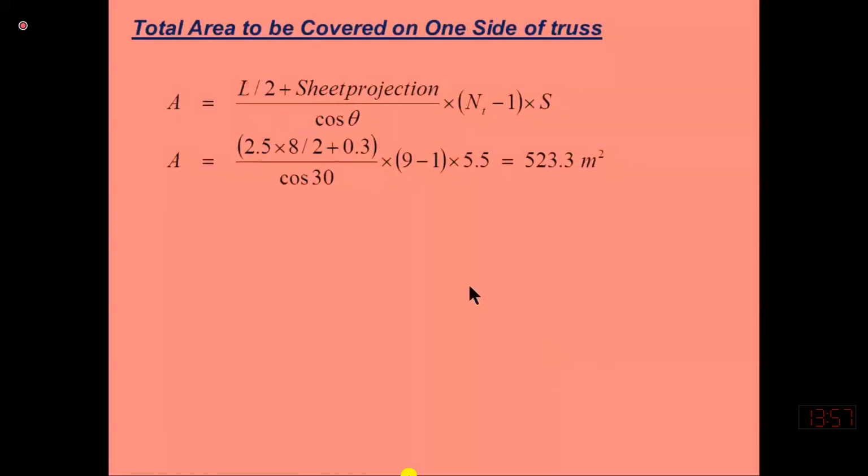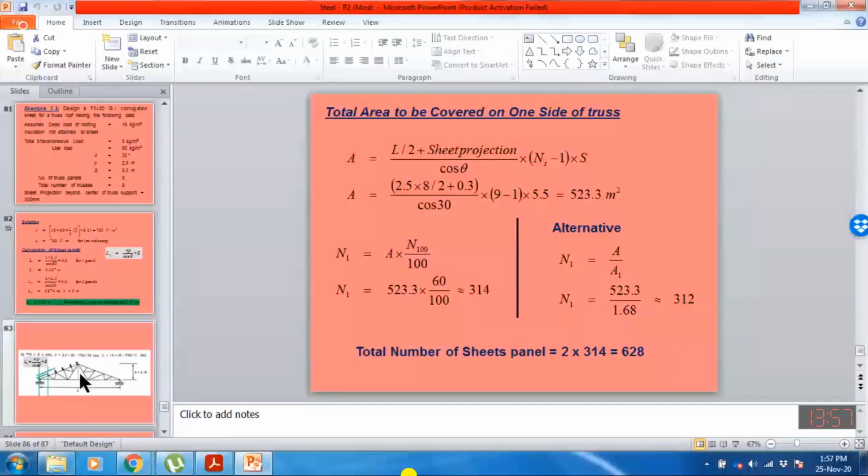Last time we computed the total area on one side, which is half length of the truss plus sheet projection, divided by cos theta. I will explain again from here. Just assume that we have this panel.